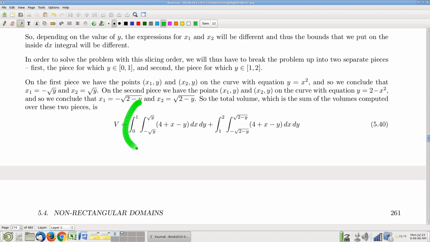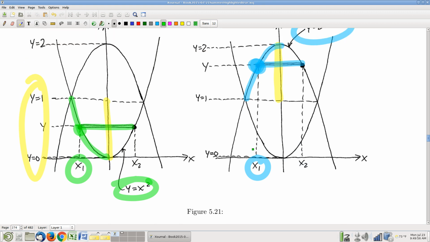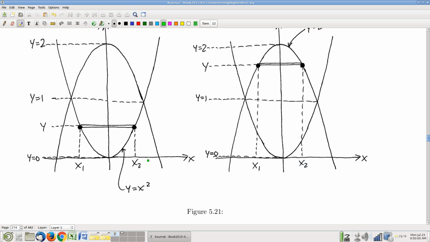One, why did we get two integrals here? Where was the tip-off? Let's go back to the picture. The tip-off is that the bounds for my x integral jumped. When I was down here, I got one answer, versus when I was up here, I got a different answer.